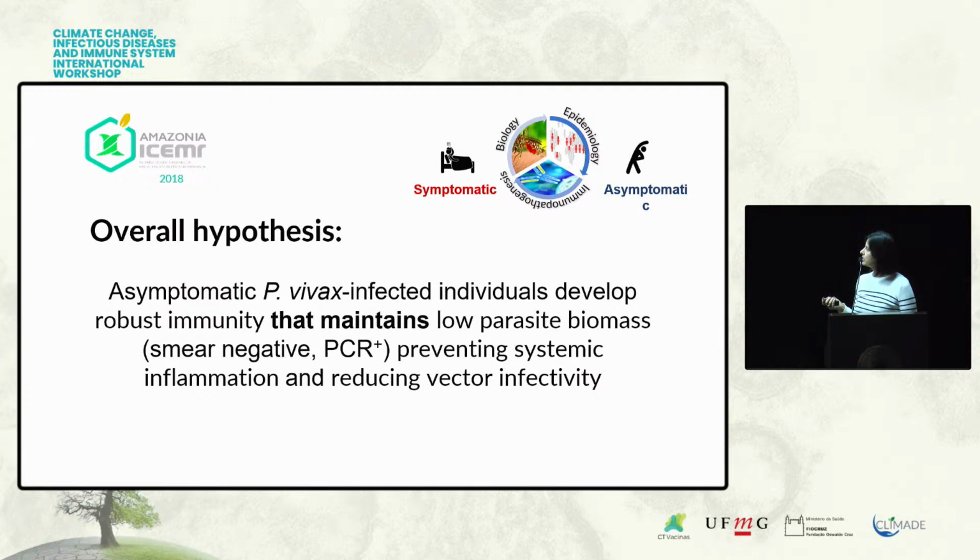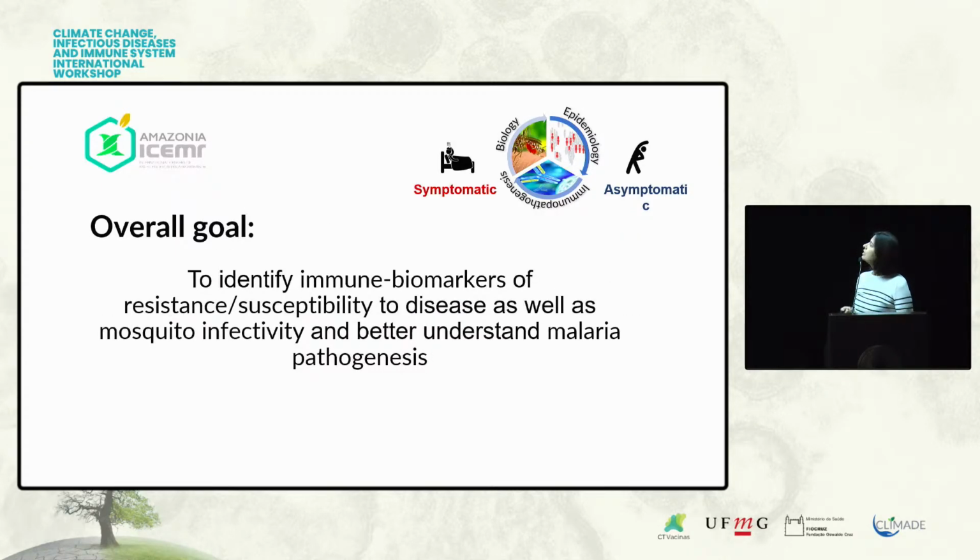So our hypothesis was that asymptomatic Plasmodium vivax infected individuals developed a robust immunity that maintains low parasite biomass, preventing systemic inflammation and reducing vector infectivity. So to do so, what we wanted was to identify immune biomarkers of resistance and susceptibility to disease, as well as mosquito infectivity, to better understand malaria pathogenesis.